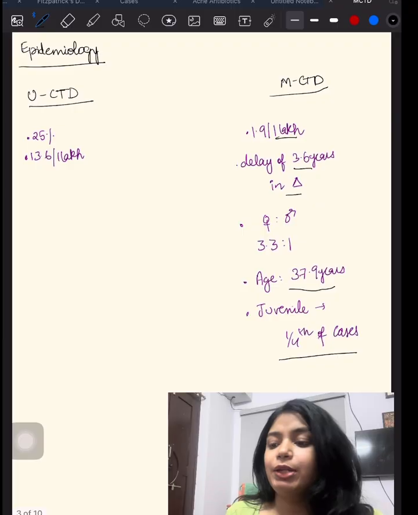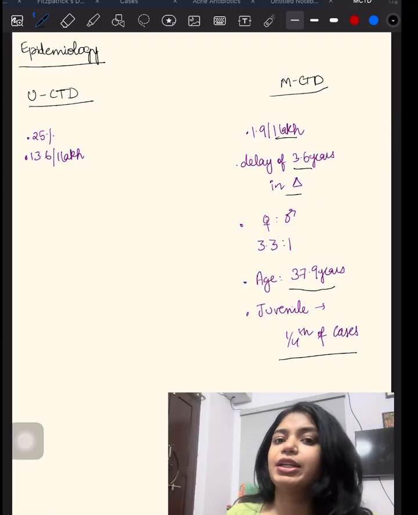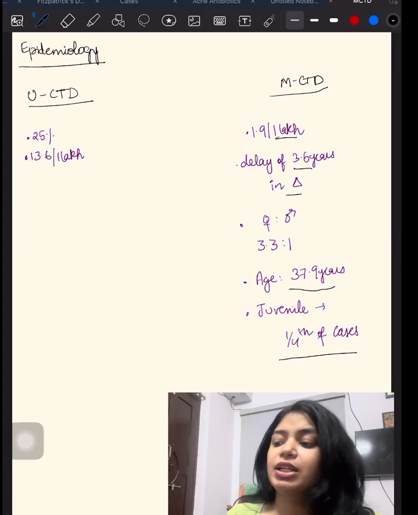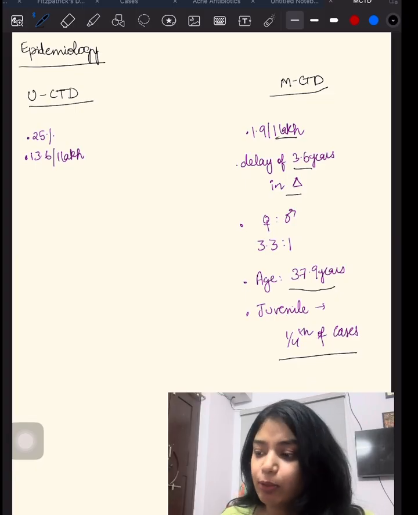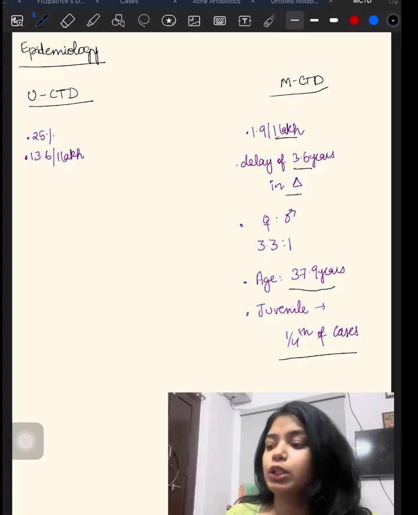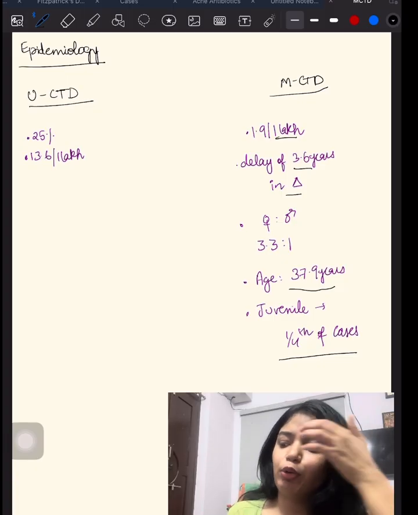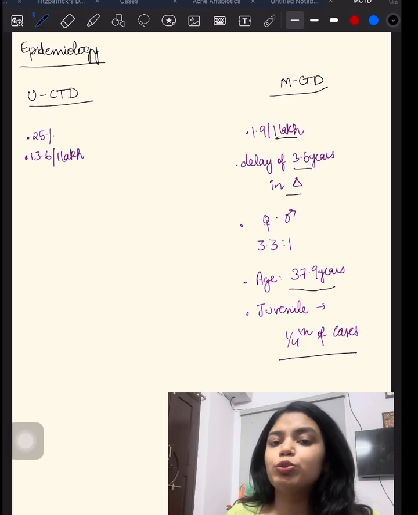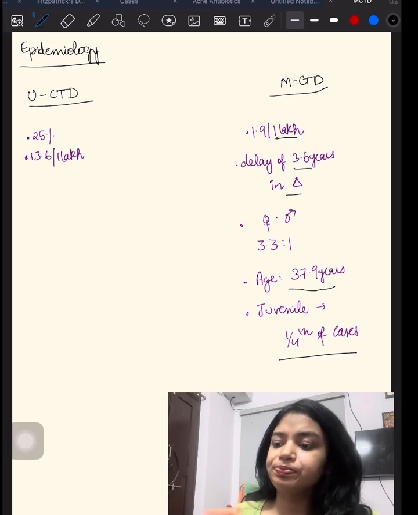Now coming to the epidemiology, UCTD is present in about 25% of the cases attending the rheumatology department, whereas for MCTD the incidence is 1.9 per 1 lakh population with a delay of 3.6 years in diagnosis and with a female predominance. The average age is about 37.9 years. However, one-fourth of the cases had a juvenile onset of the MCTD.